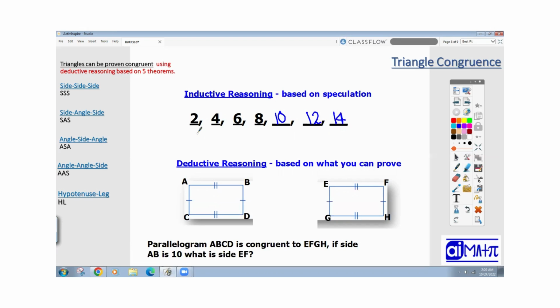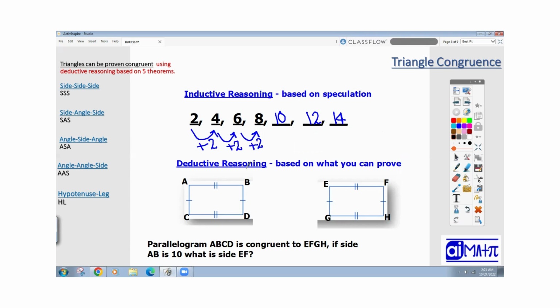The reason is that 2 plus 2 is 4, 4 plus 2 is 6, and 6 plus 2 is 8. So we could reasonably assume, jumping to a conclusion here, that 8 plus 2, 10 plus 2, and 12 plus 2 would give us those next 3 numbers.